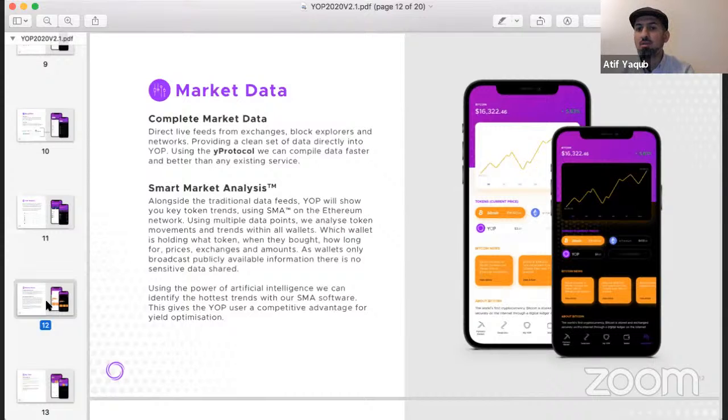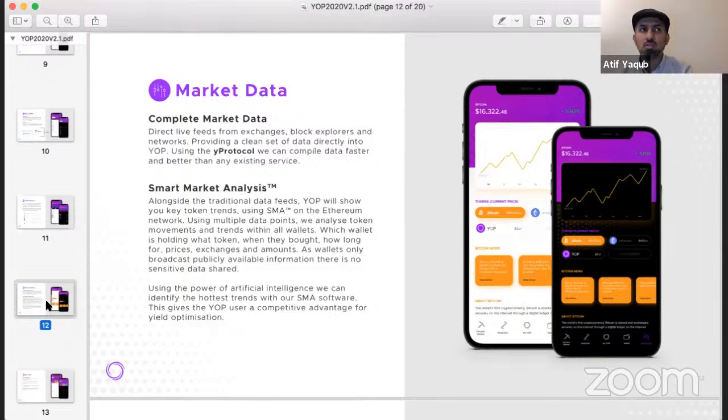The market data agencies and websites that we interact with on a day-to-day basis, like CMC and CoinGecko, have very limited functionality, and even their interfaces, I think, can be improved a lot. So having this within our application, and being able to communicate on the back end with your wallet and your DeFi market, allows the user to make a much more informed decision.